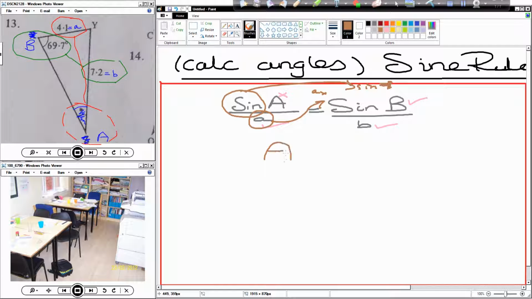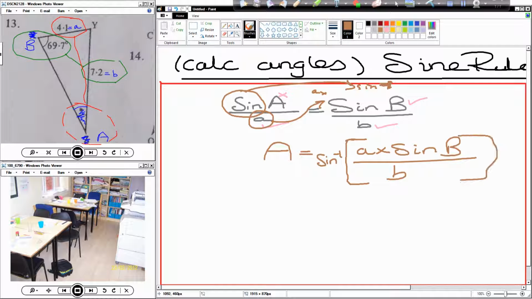So the big A is equal to, as we said, a multiplied by the sine of the big B divided by the little b. So that's the first bit there. And then all of that is acted on by sine minus 1. Now, what's left? We started with the formula in the right orientation. We know what we want to work out, the A. We moved everything around in one quick go, so we saved ourselves a bit of space. So it's this action first and that one after it.